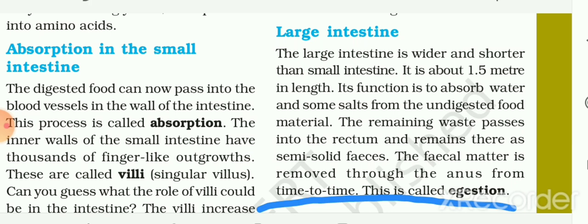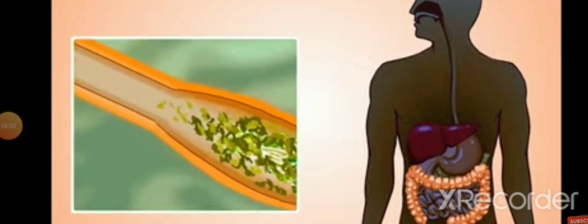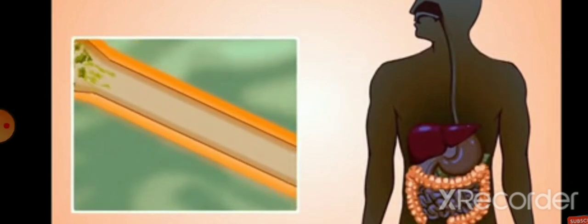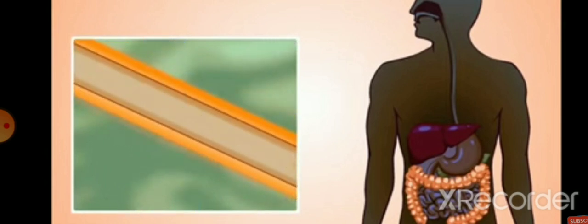So now we will see how water and salt are absorbed from the undigested food in the large intestine. The food moves like this in the large intestine, from which the salt and water are absorbed.